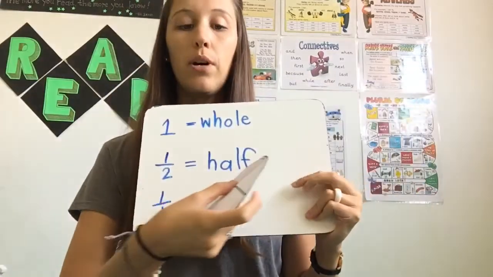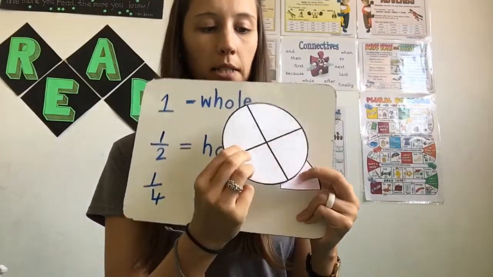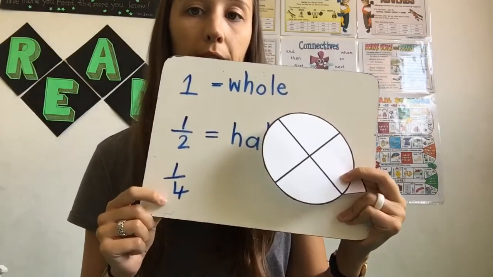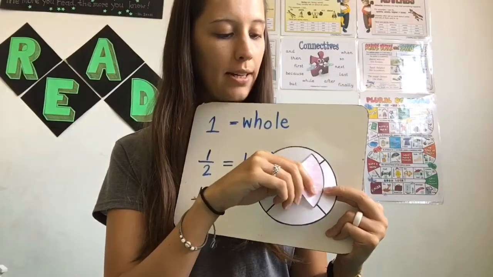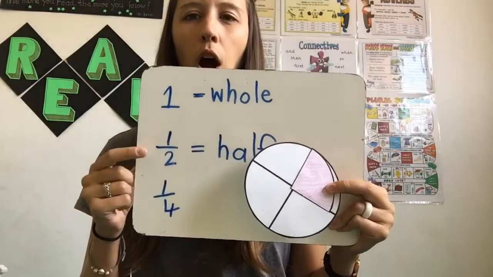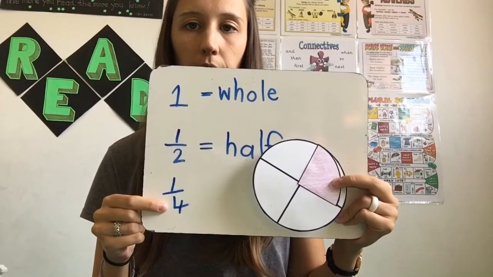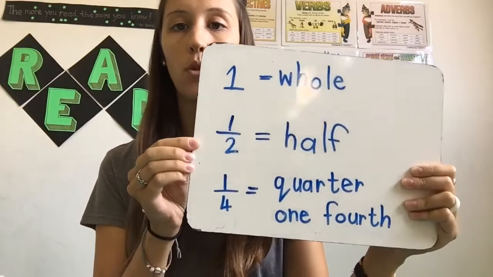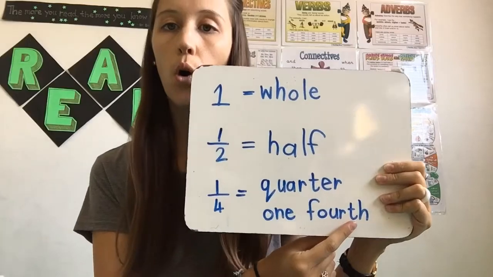Let's look at our picture. There are 4 pieces. That is the number that I'm writing at the bottom. And I get to keep 1 of the 4 pieces. When I keep 1 of the 4 pieces, I am going to write it like this. 1/4.